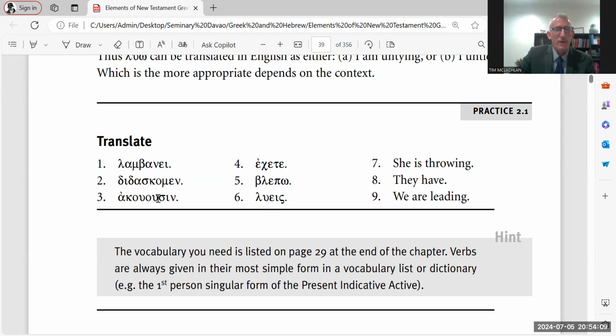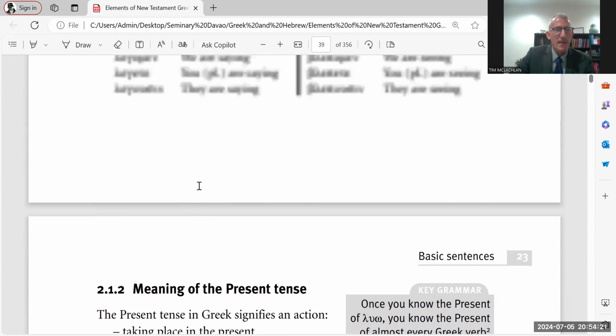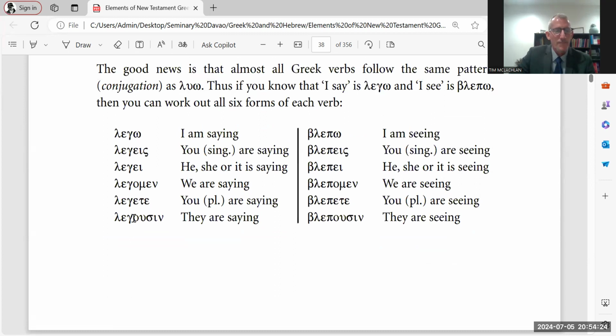So the word is akuo, but akousen, maybe you can't remember, ousen could be the second or third person, first person, or the singular or the plural, but you just have to go back up and check the chart, and you look for ousen there. Oh, that's they. So that's the third person plural.